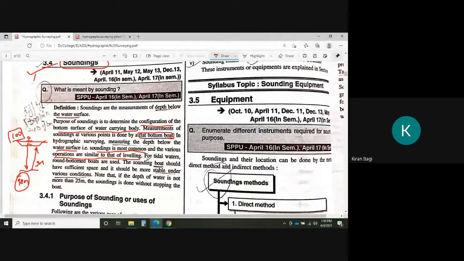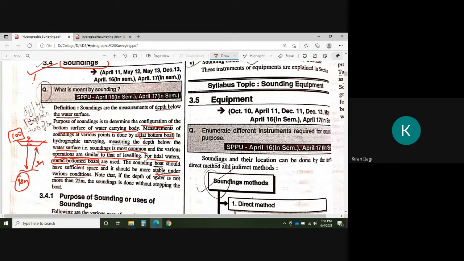For tidal waters, round bottomed boards are used. If there are tides, then which type will we use? Round bottomed boards. The sounding board should have sufficient space and it should be more stable under various conditions.